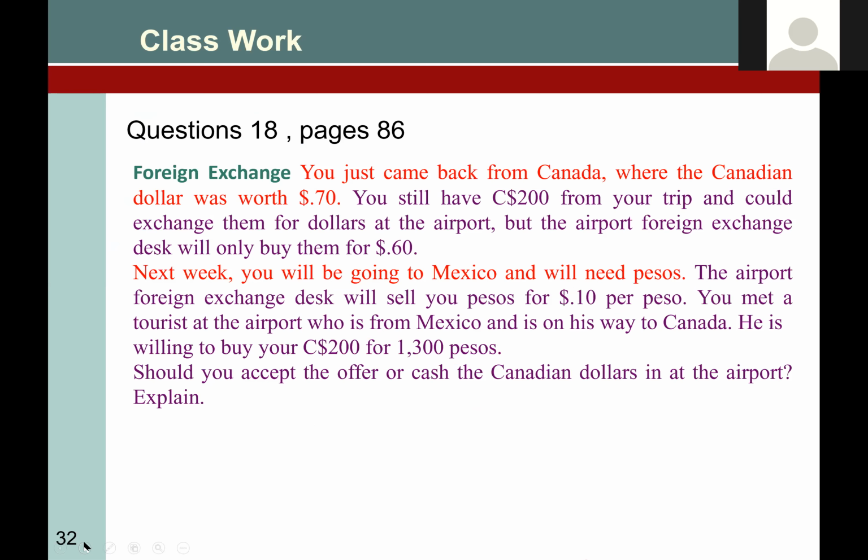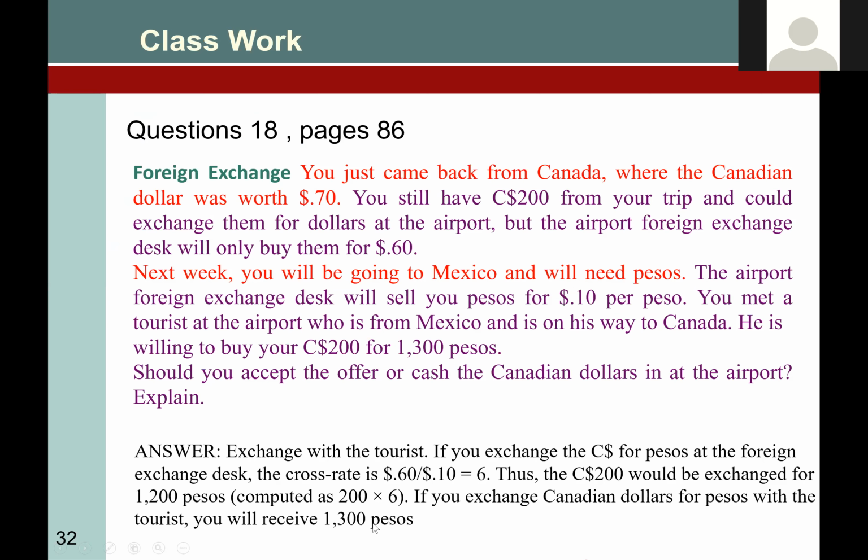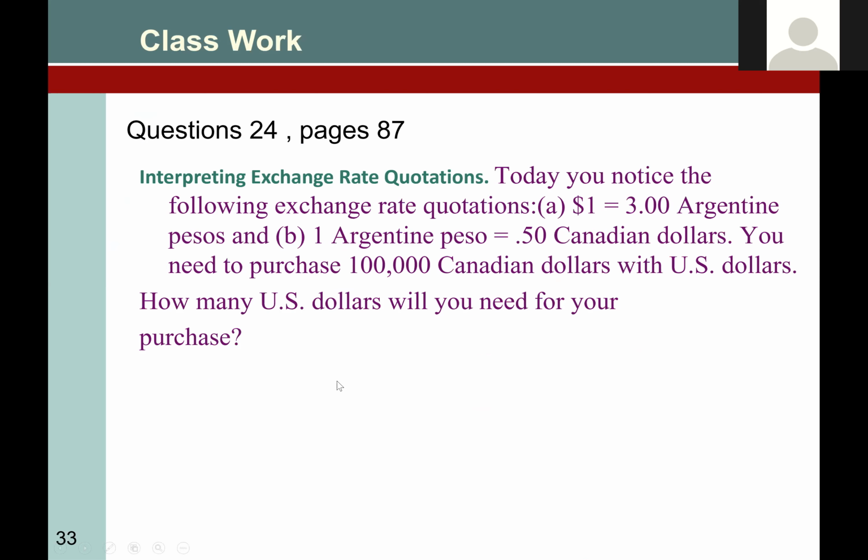So I have pasted the solution here as well, right? If you understand the cross exchange rate, please solve this. This is a classwork. What I'm going to do is make a breakout room. Please discuss over there.